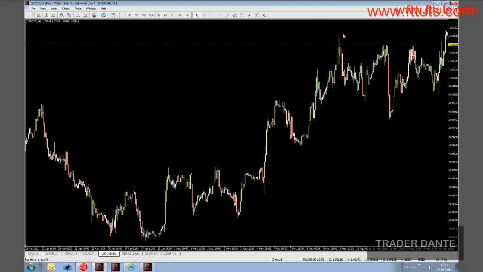Now, today we're going to look at levels, and how to trade levels in a lot of detail. I've divided this into two lessons because there's a huge amount to cover, and there's a lot of different ways to trade a level.